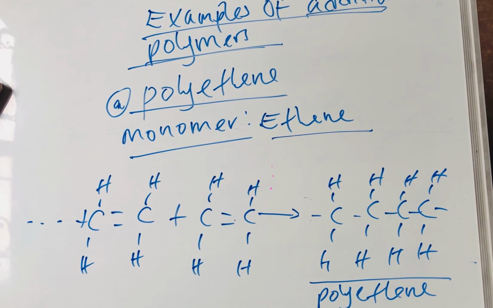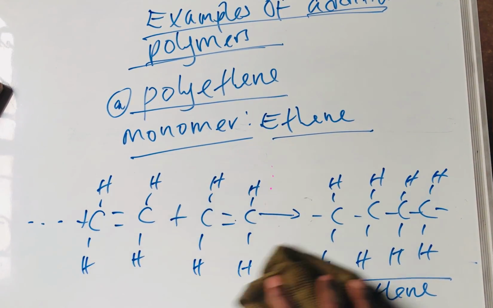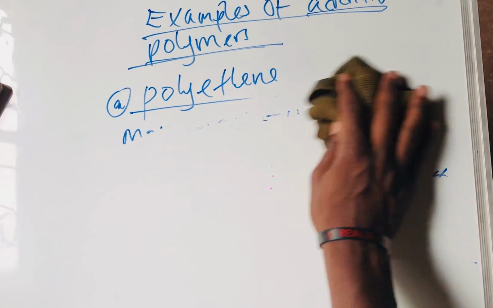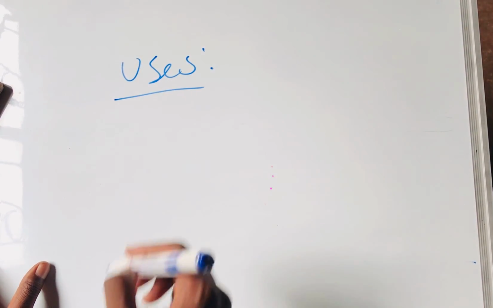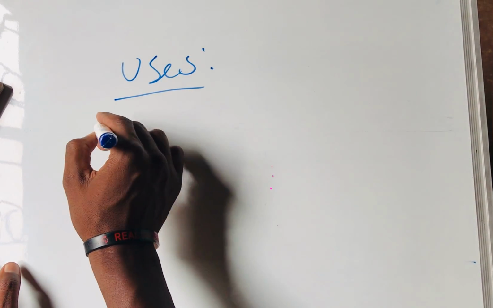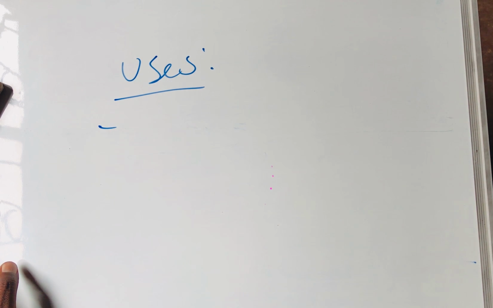What are the uses of polyethylene? Number one, polyethylene is used to make plastic.